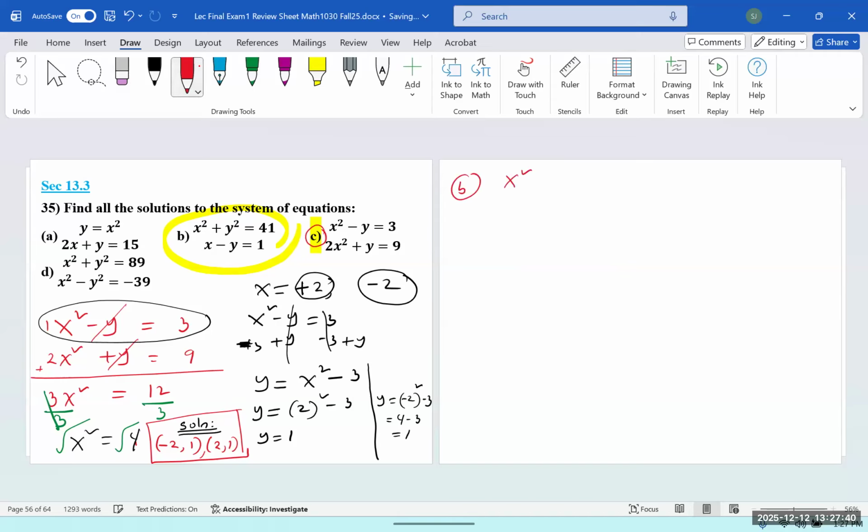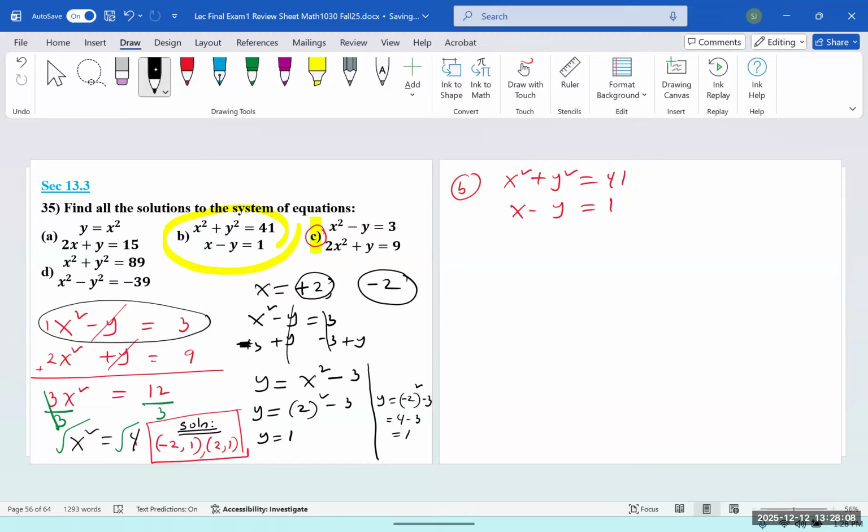So we have x squared plus y squared equals 41, and x minus y equals 1. In this question, we cannot use elimination because our powers don't match.